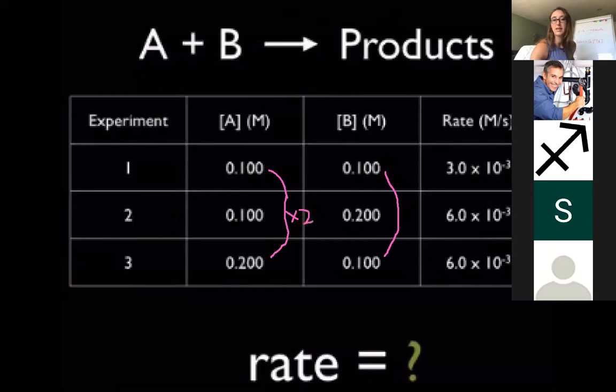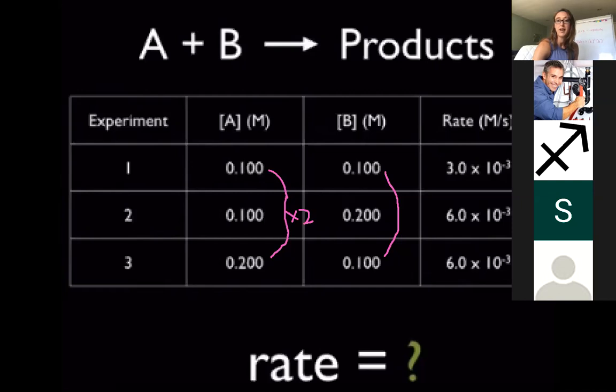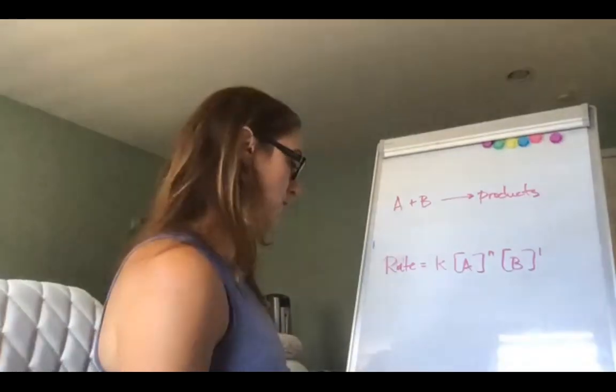And then if you analyze what happens to that rate as we go from 1 to 3, oh, well, it's also doubling, or going up by the same factor, 2 to the first power. Okay, and so again, that would indicate that the order with respect to A is also 1.